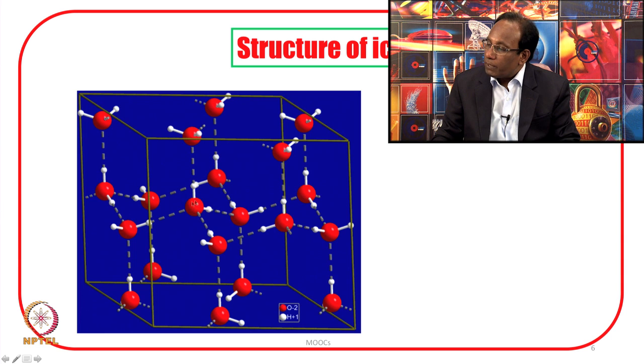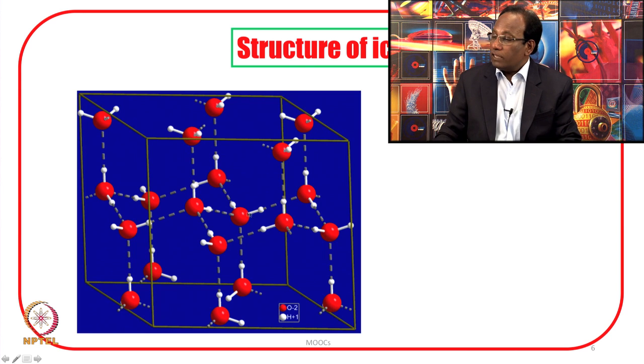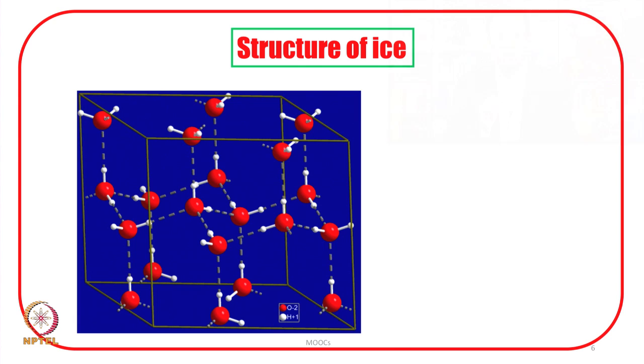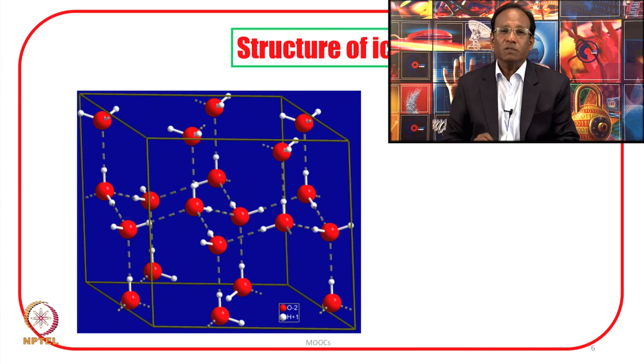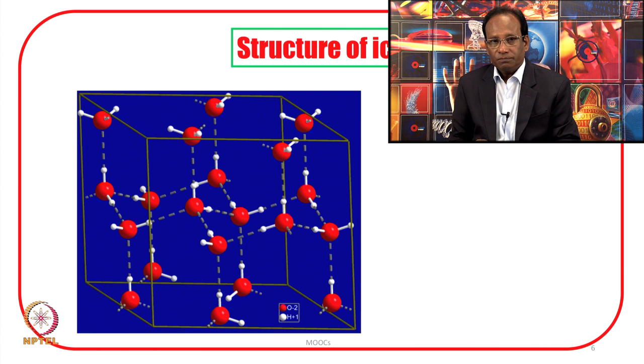For example, if I pick up this oxygen, this is 1, this is 2nd, this is 3rd and this is 4th. Each oxygen is tetrahedrally connected to other 4 oxygens, and that is why we call this arrangement a tetrahedral network of water molecules. There is a regular tetrahedral network of water molecules, and that forms the structure of ice.